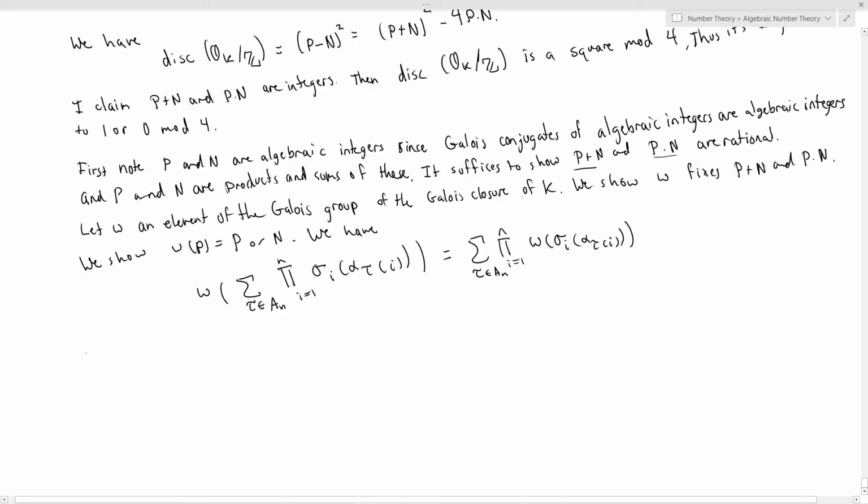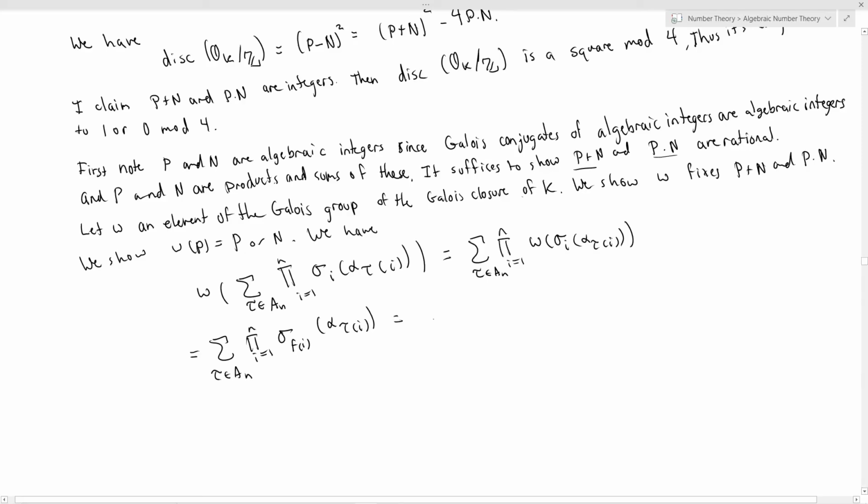So I'm going to call this new embedding sigma_f(i). So this is another one of my sigma_j's.